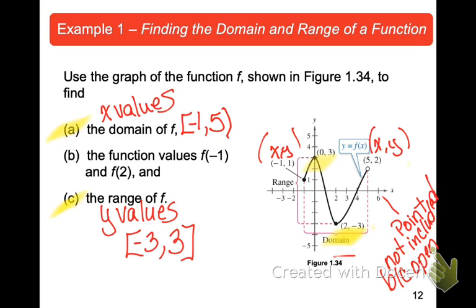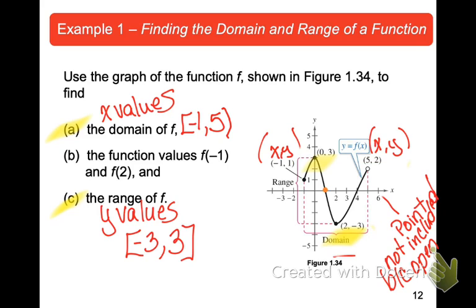Okay, now part B is different because you're not plugging negative 1 into a formula. You're taking negative 1 and you're seeing where it falls on the graph. So f of negative 1, we are talking about the x value of negative 1. So I go on my x-axis. There's negative 1.